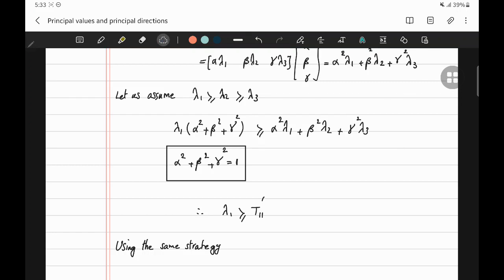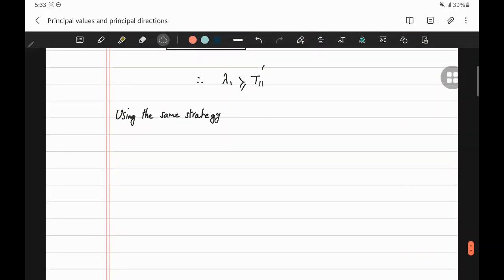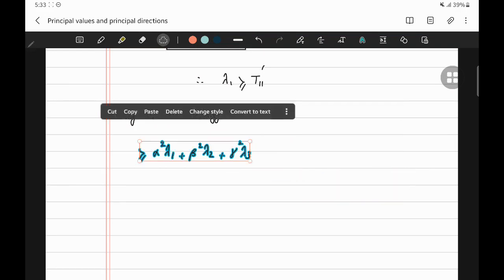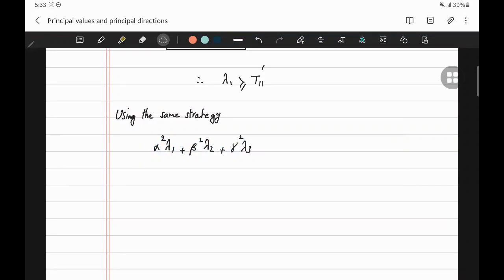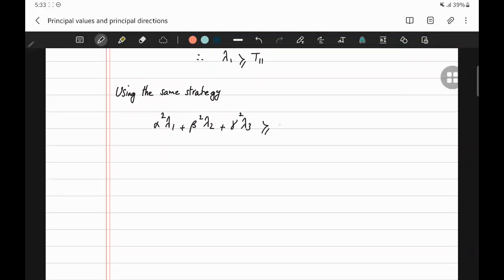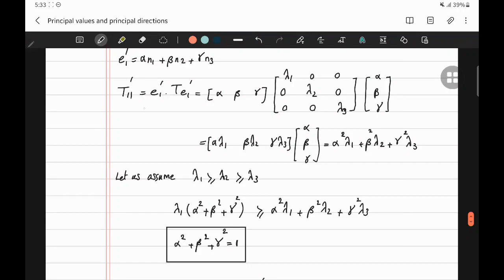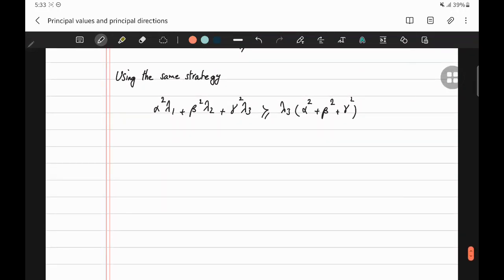So if I just copy this from here and paste it here, you can write that this is larger or equal than lambda 3 times alpha squared plus beta squared plus gamma squared, which is basically 1. So this is again t prime 1 1, which we got from here. So we can say that t prime 1 1 is larger than lambda 3.